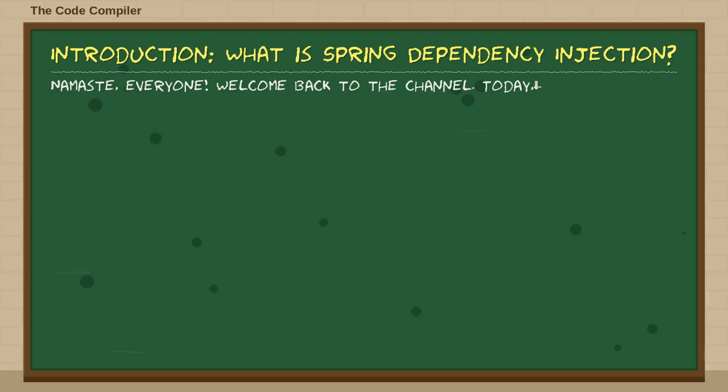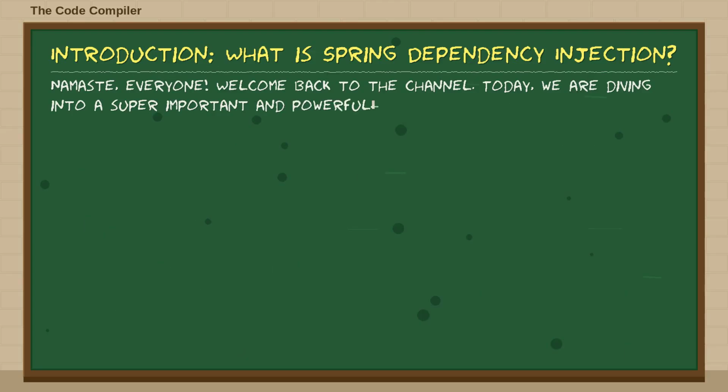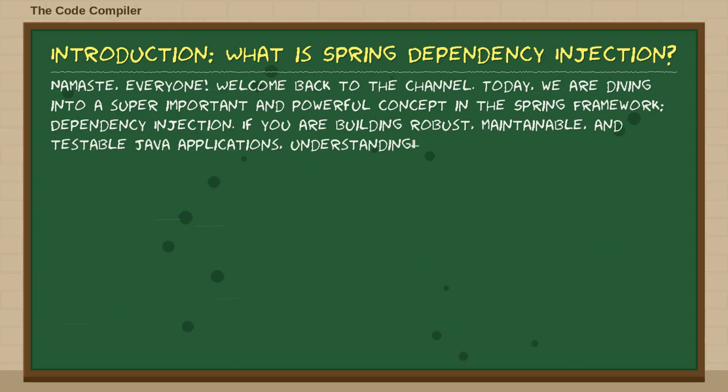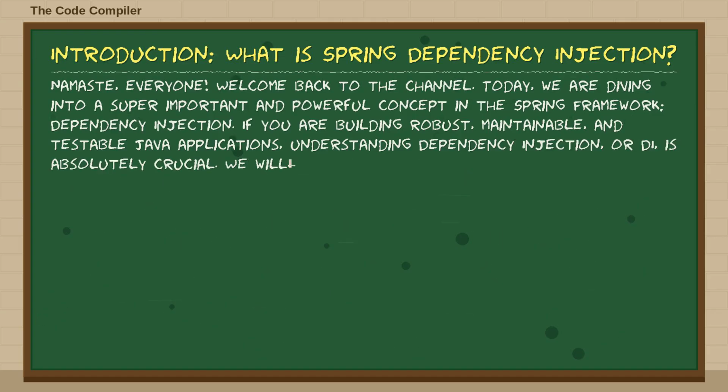Today, we are diving into a super important and powerful concept in the Spring framework, dependency injection. If you are building robust, maintainable, and testable Java applications, understanding dependency injection, or DI, is absolutely crucial.